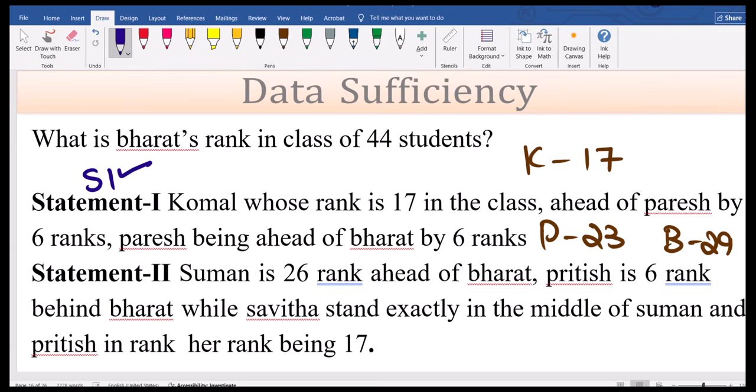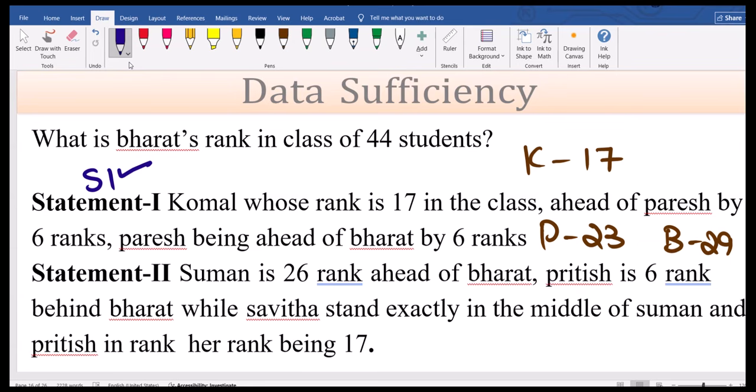Now we have to try 2 alone. Suman is 26 ranks ahead of Bharat. Pritish is 6 ranks behind Bharat. While Savita stands exactly in the middle of Suman and Pritish in rank, and her rank being 17, yeah, we can calculate for sure.